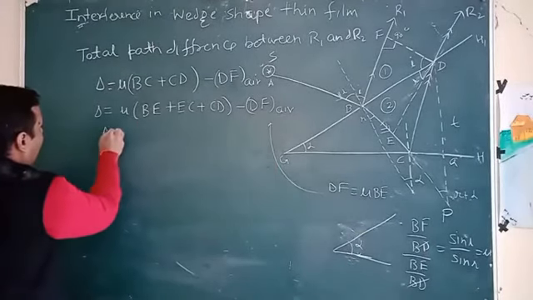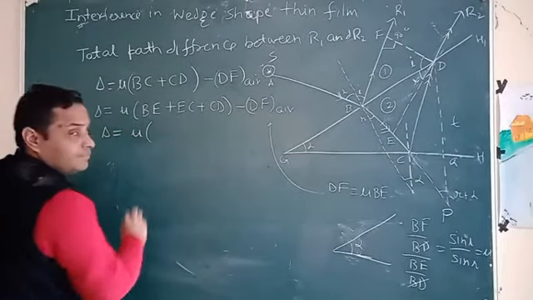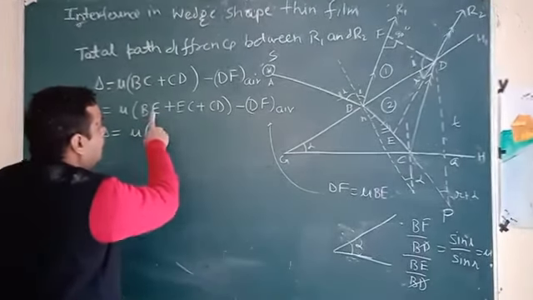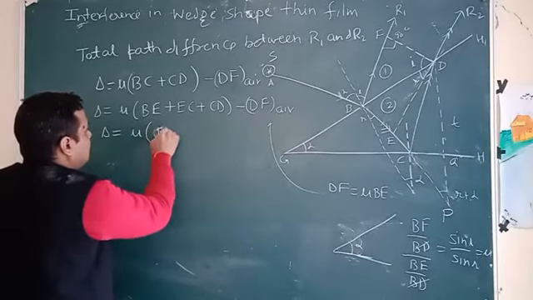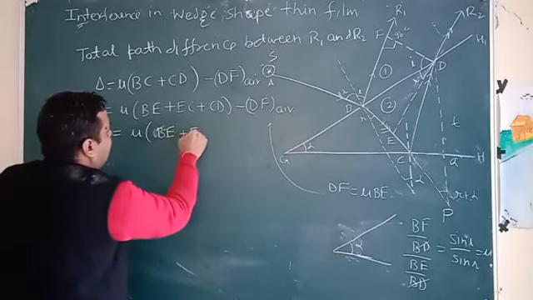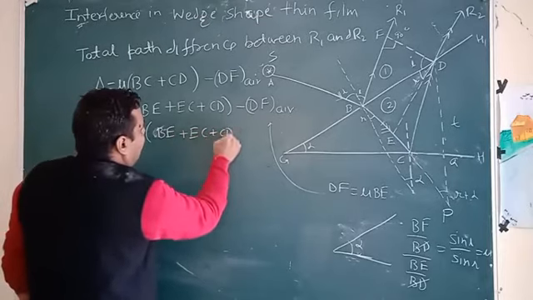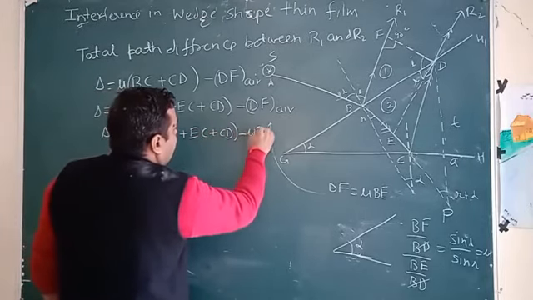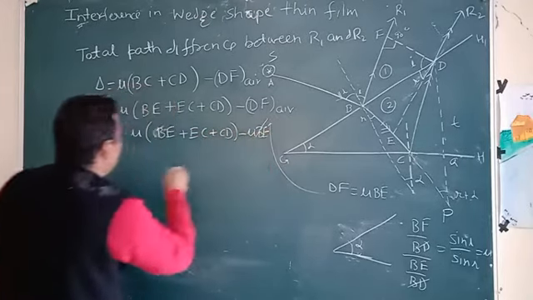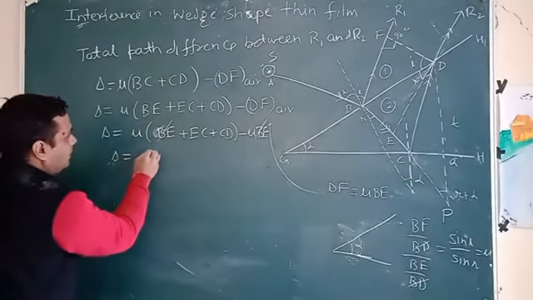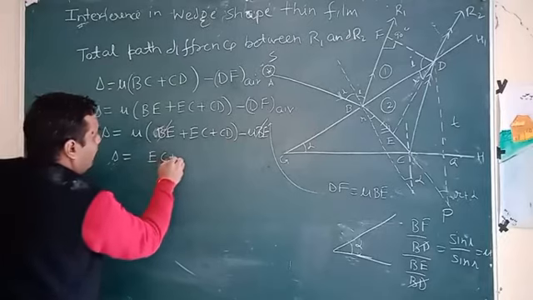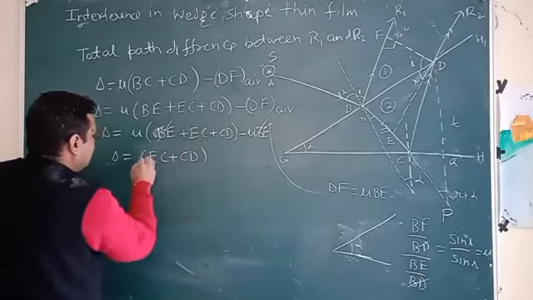Then the total path difference is mu BE plus EC plus CD minus mu BE. So mu BE cancels out, and the total is EC plus CD.